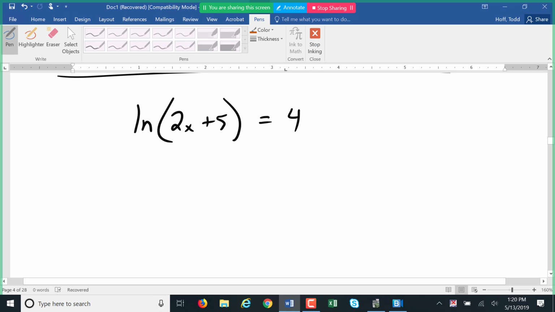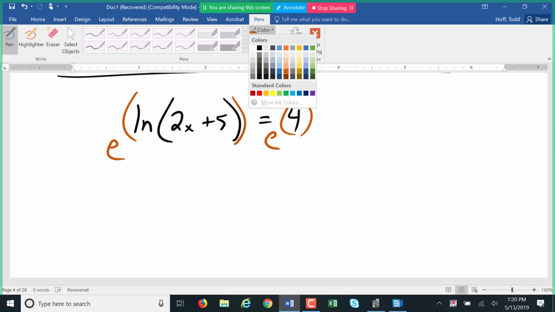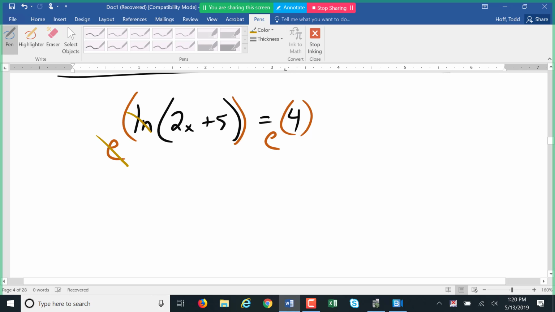Well, the log is by itself. What base does our exponent need to be? E, very good, base E. So on the left side, the E and the ln cancel out. We have 2x plus 5 equals.